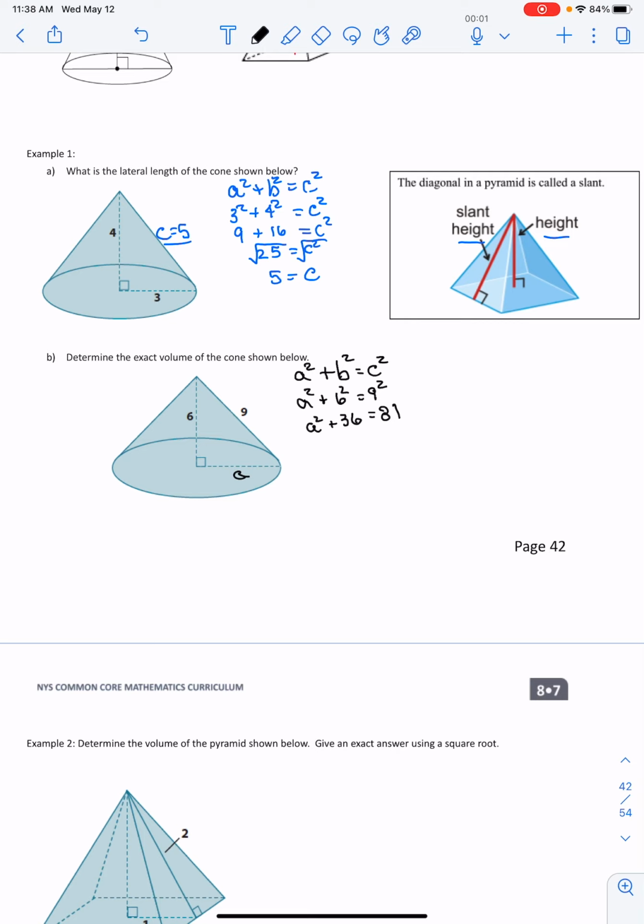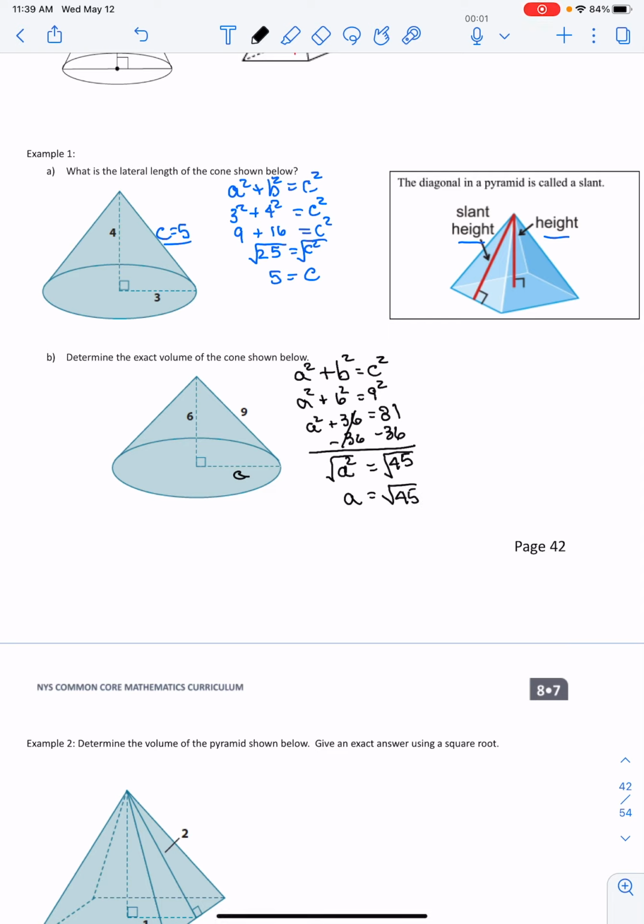So subtracting 36 from both sides, I have a squared equals 45. Taking the square root of both sides, I have a equals the square root of 45.